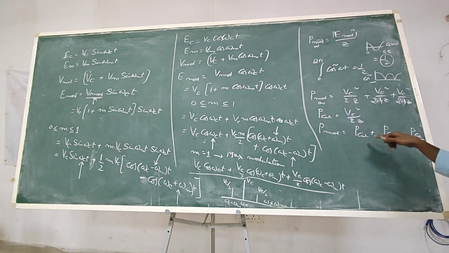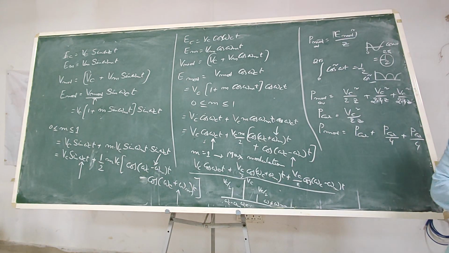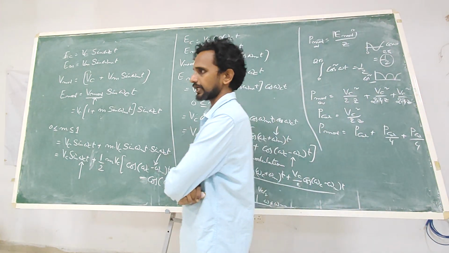In terms of the power of the carrier, each sideband carries 1/4 of the power equivalent to the carrier.